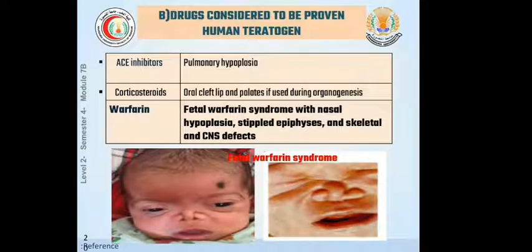Again, warfarin also is considered a proven human teratogen. It will cause fetal warfarin syndrome with a depressed nasal bridge and hypoplasia of the nose, as you see in the picture. There is hypoplasia of the nose.